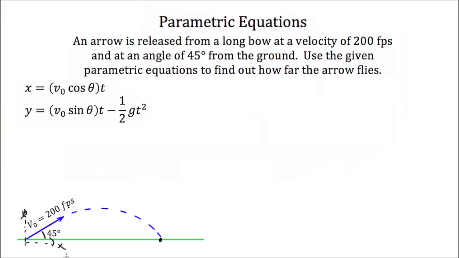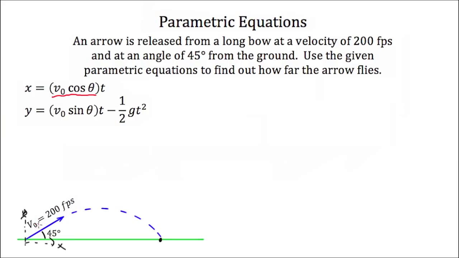Instead, we use these parametric equations. Here, x is equal to our initial velocity v naught, which is 200 feet per second, times the cosine of theta, which is 45 degrees, times t. This you can think of as the x component of our velocity.